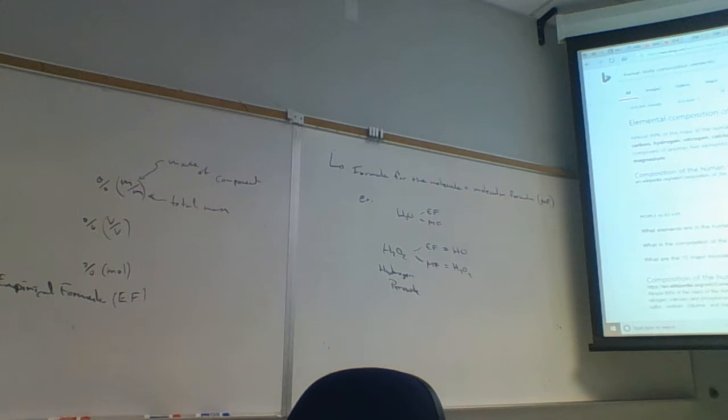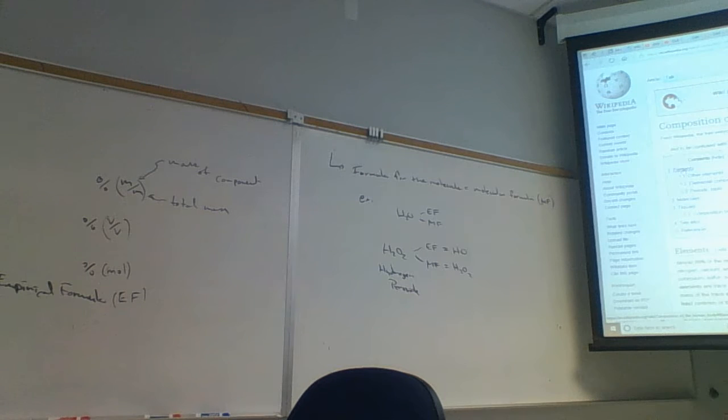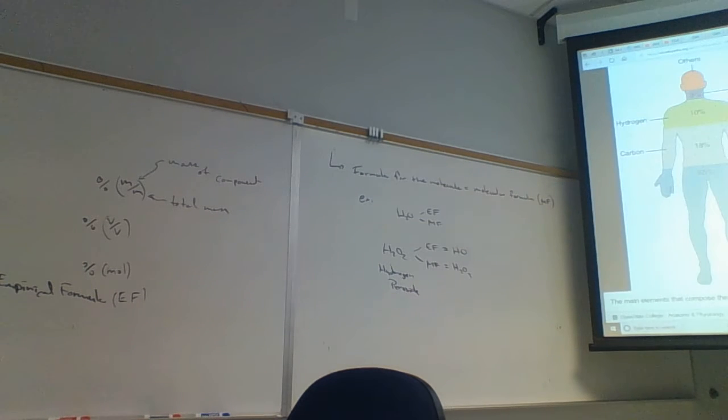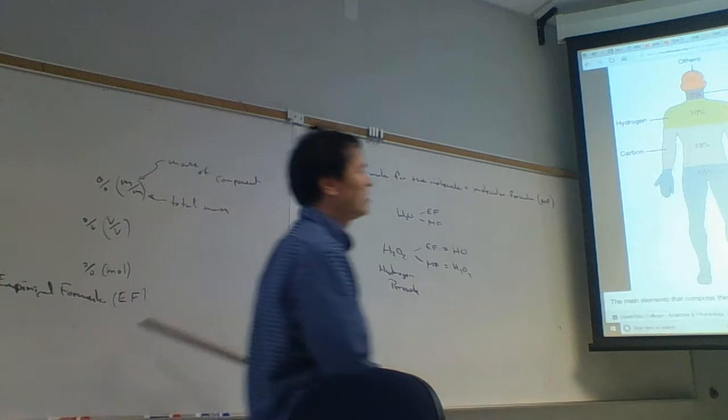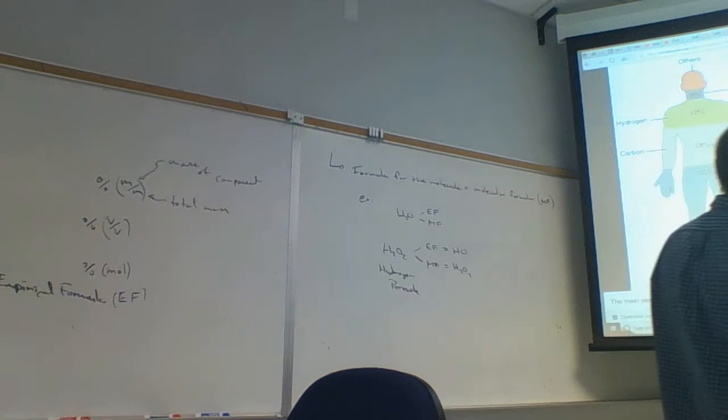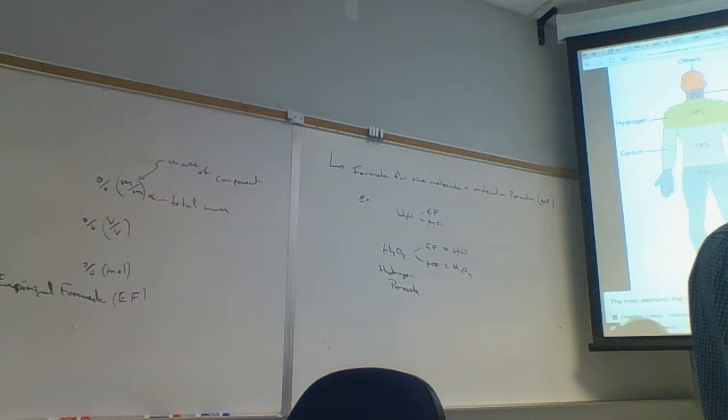Well, they give different things. You know, they give you different insights. So is this percent by mass? We have to know, is that percent by mass or is that percent by atom?